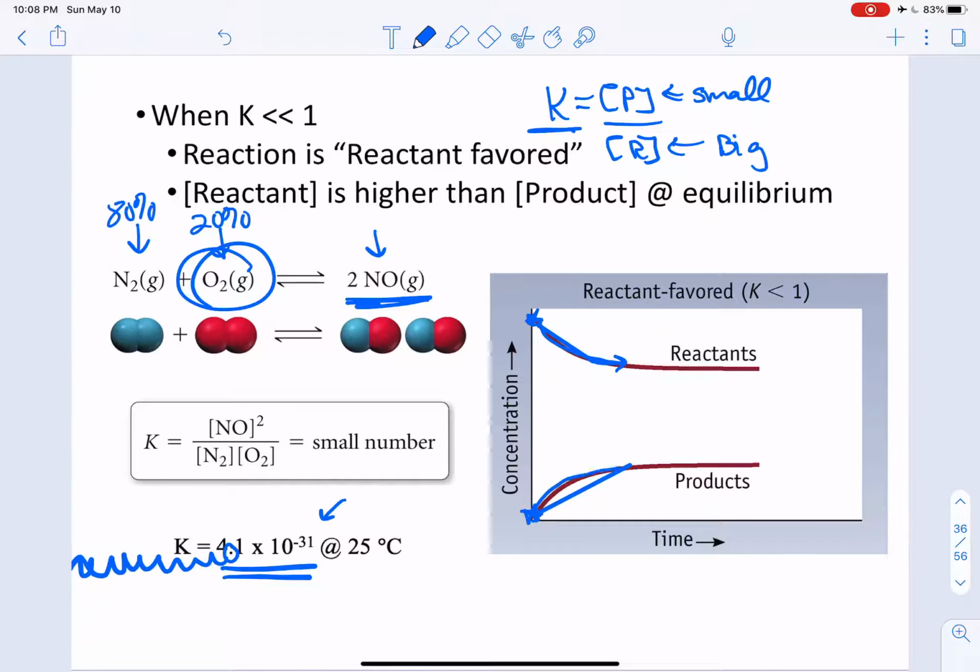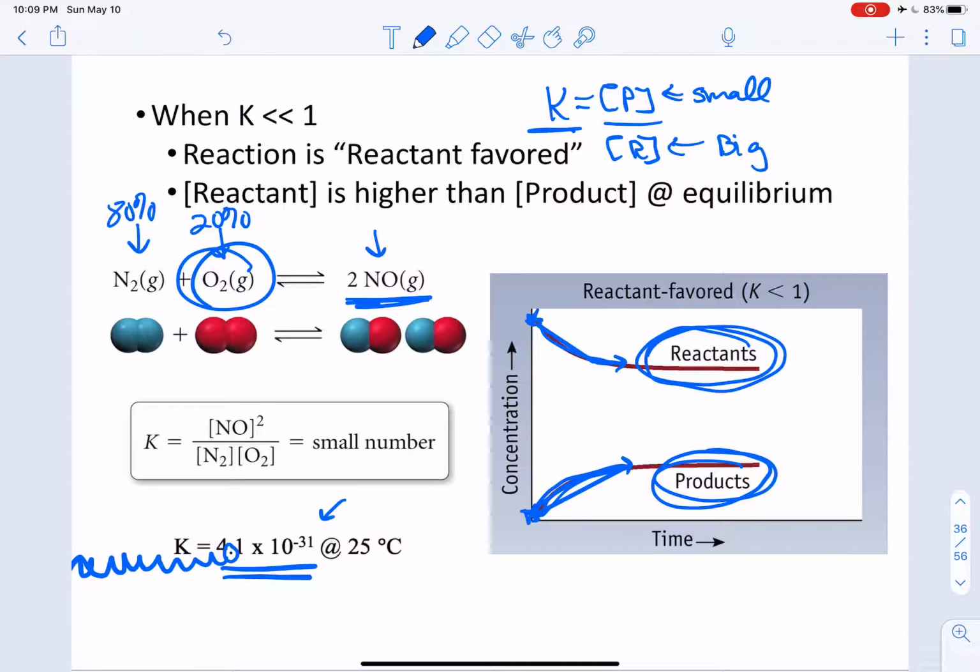I wish the program would stop making a line there. Don't do that. So you make a little bit of product, and then the reactants are like, nope, no more. We're not doing it anymore. So you have a reactant-favored reaction. Your reactant concentration is a lot higher than your product concentration.